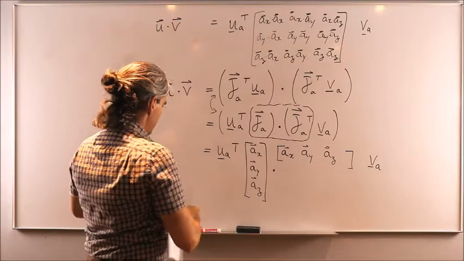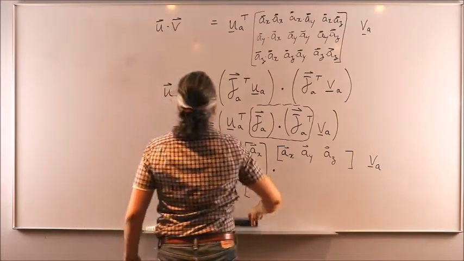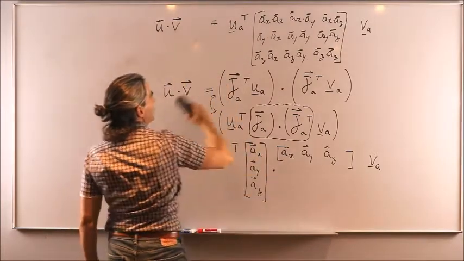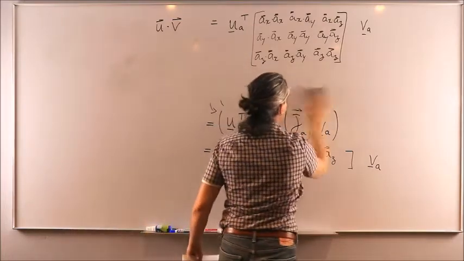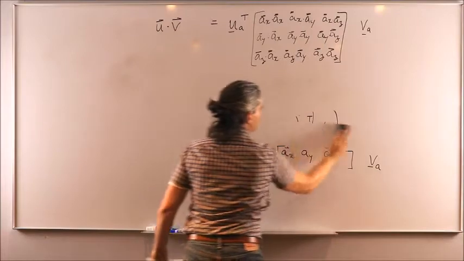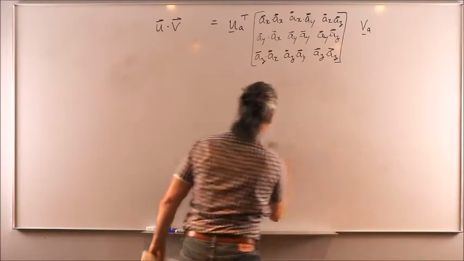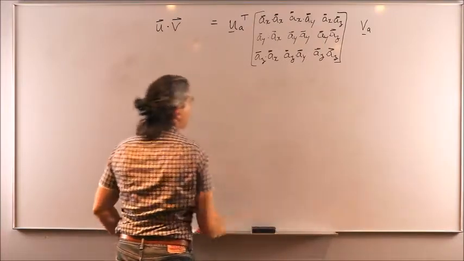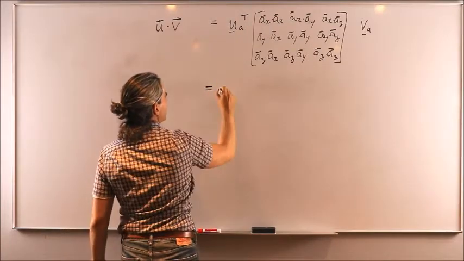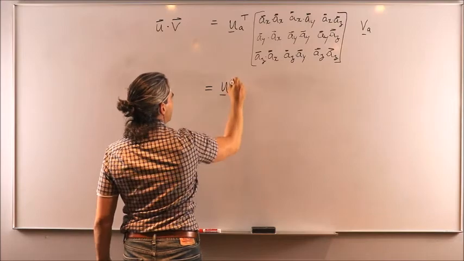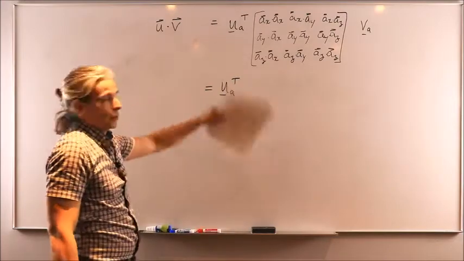Okay, so that's what I get for the dot product of U and V given their components in reference frame A. Now, this stays the same. Now, what about this 3x3 matrix?